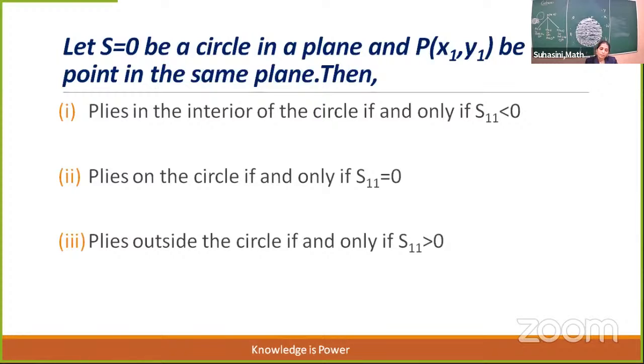P lies inside the circle, P lies on the circle, or P lies outside the circle are three geometric conditions that we have verified. Now let us see how we can prove it algebraically.